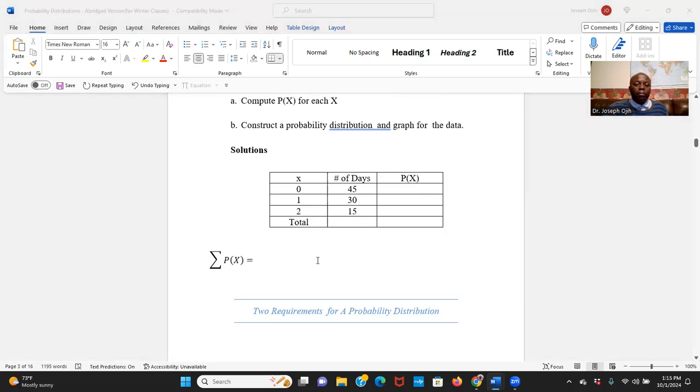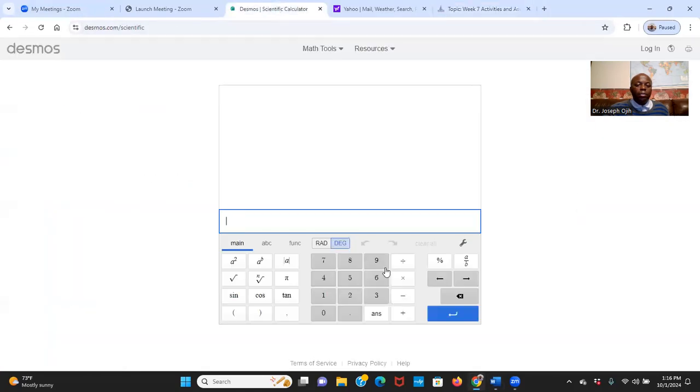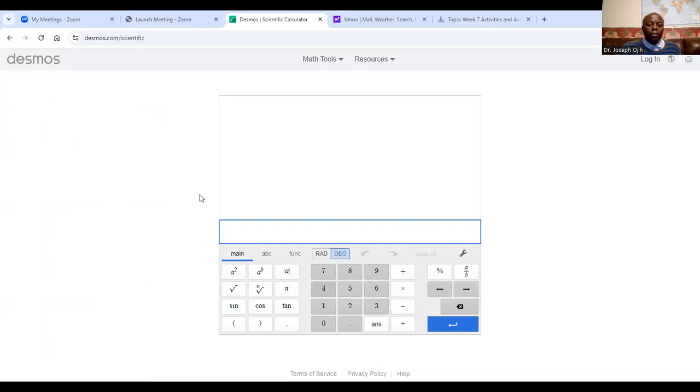We have 45 plus 30 plus 15, which gives me 90.